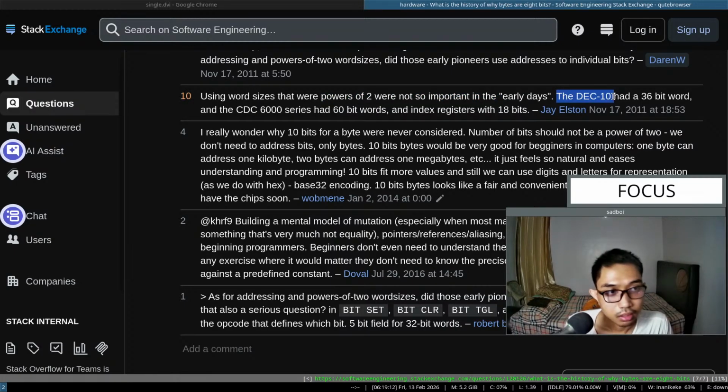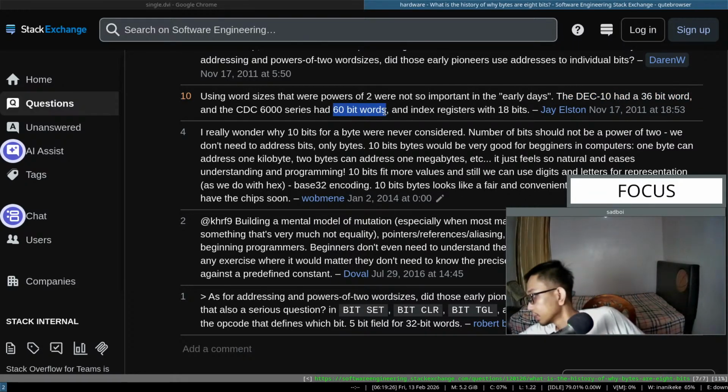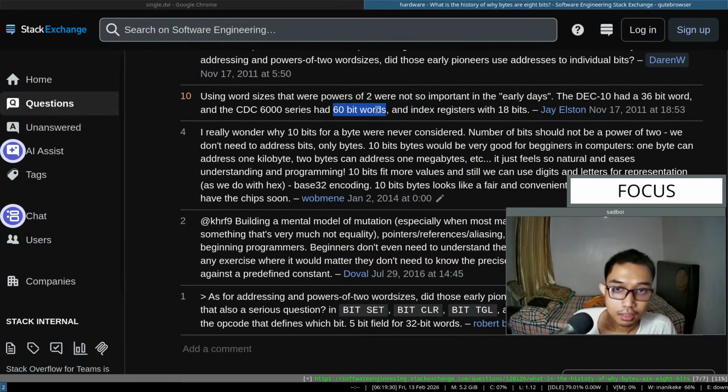The PDP-10 had a 36-bit word. Not 32-bit, but 36. Okay. And 60-bit words. An index register with 18 bits. I really wonder why 10 bits for a byte were never considered.